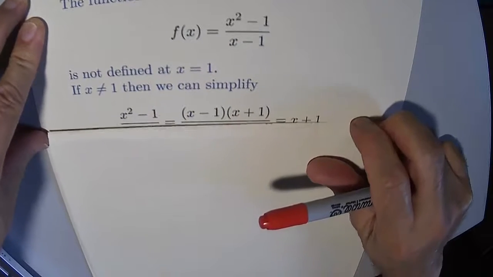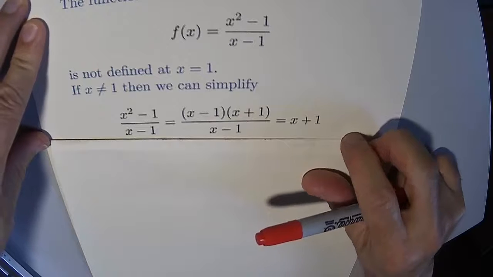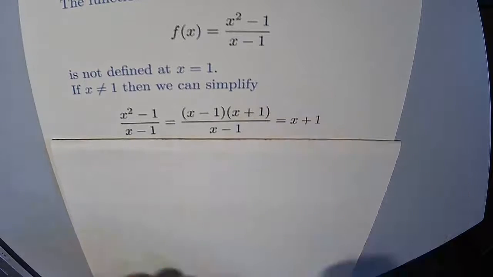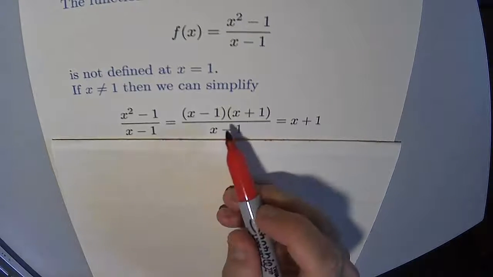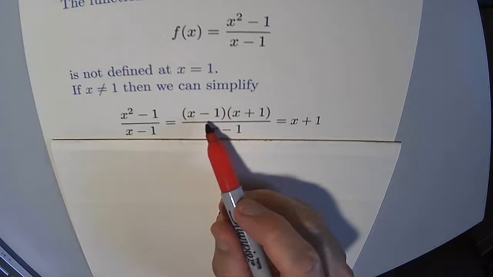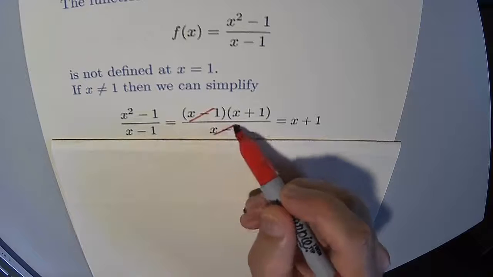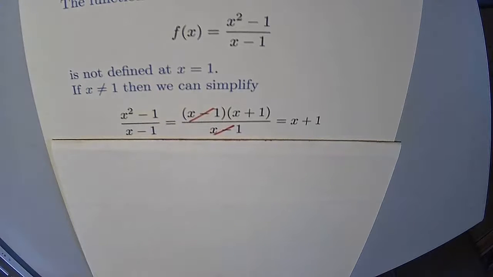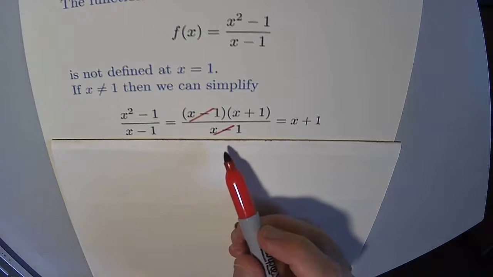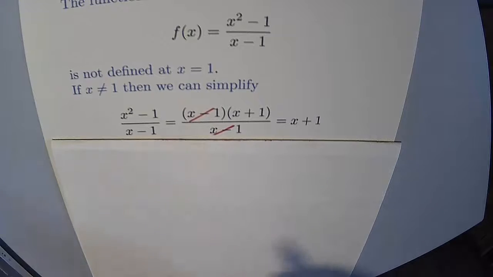As long as x is not equal to 1, we can simplify this function by factoring the numerator, and noticing that I can cancel the term x minus 1, and this x minus 1 is in fact the thing that was causing the problem with the division by 0.